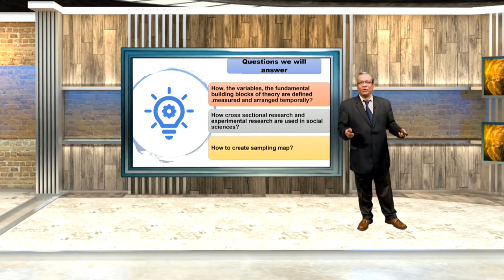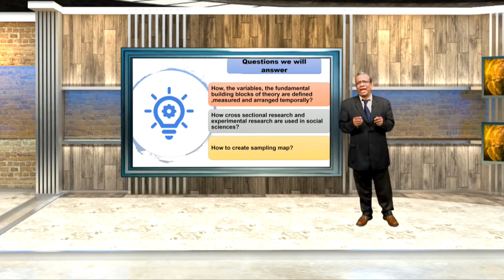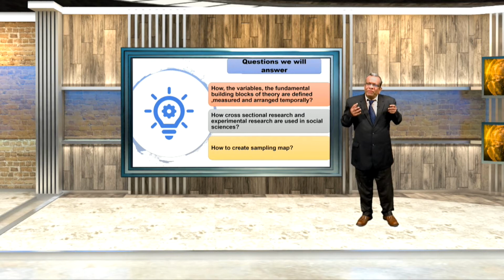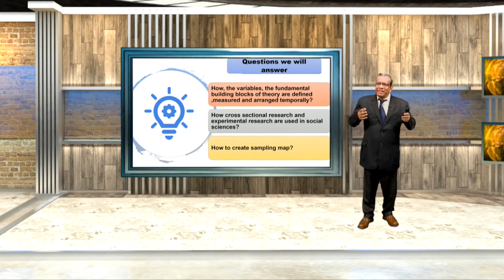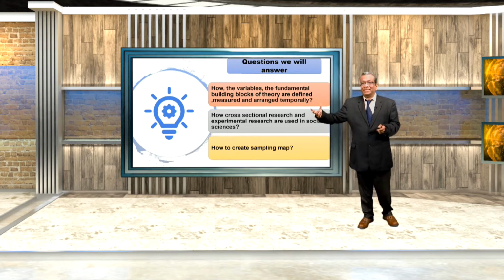Finally, how to create a sampling map. One important question I would like to answer here is, we definitely need to understand all these aspects so that you will be able to provide a better sampling strategy.